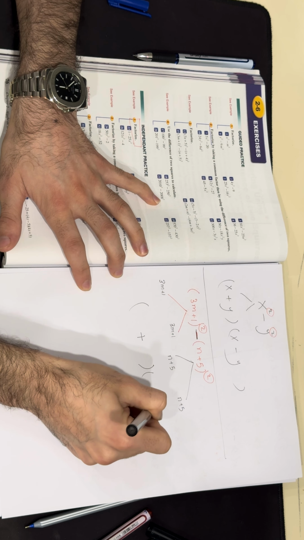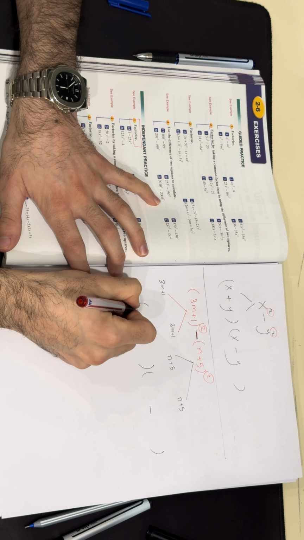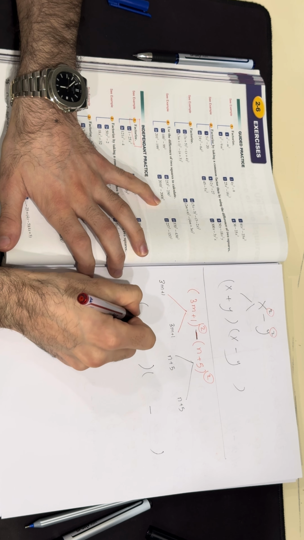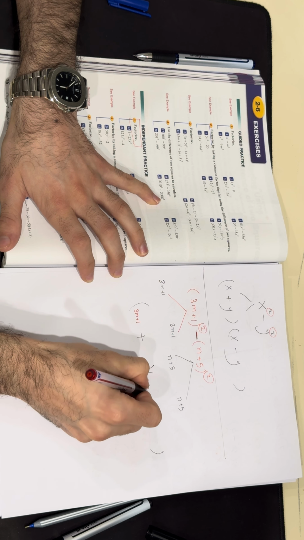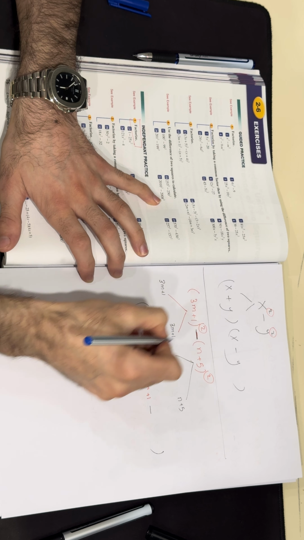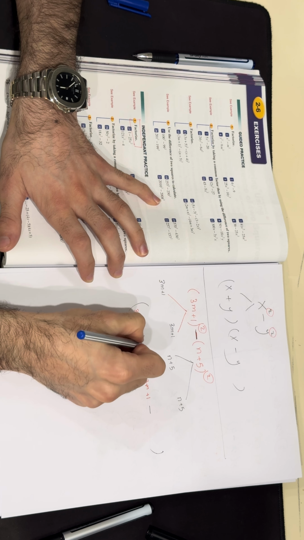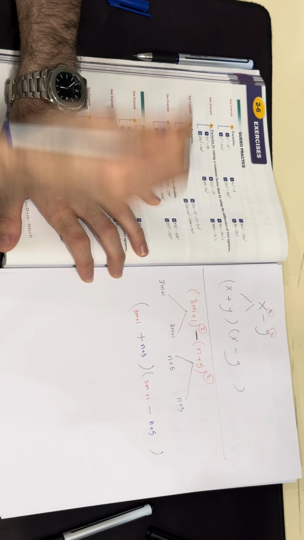One of them plus, one of them minus. In the first one, I'm going to write 3m plus 1. Then in the second one, I'm going to write n plus 5, then n plus 5.